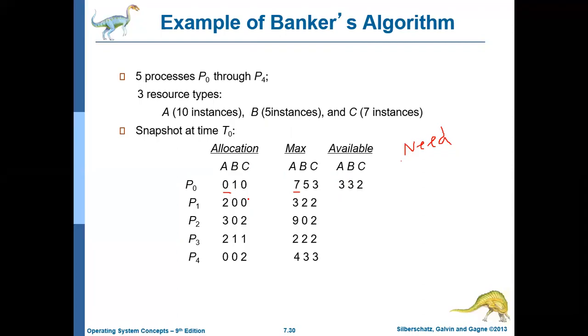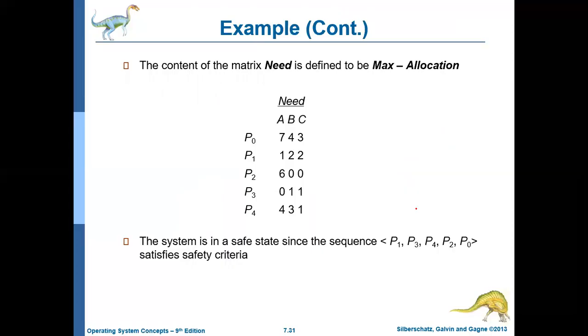It is just max minus allocation: 7 minus 0 is 7. It needs all 7 because none of them was allocated. For B, max is 5 and allocated is 1, so 5 minus 1 is 4. It may need 4 instances of resource B. And for C, max is 3 and none is allocated, so 3 minus 0 is 3. So 7, 4, 3 will be the need for P0.